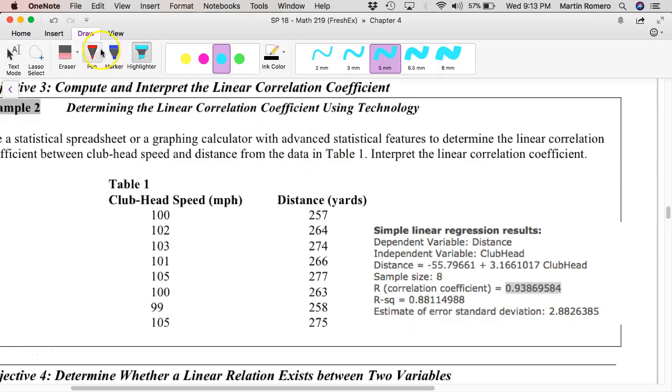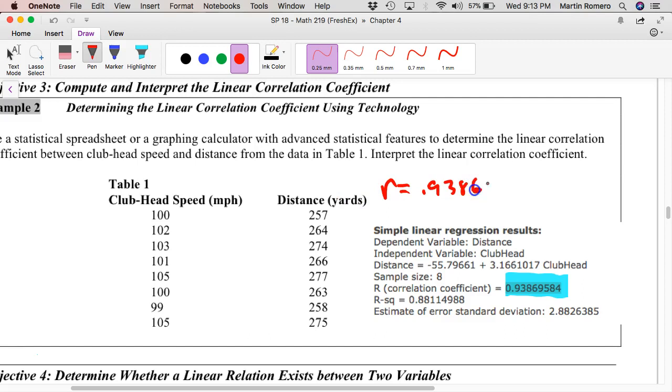Here, R is equal to 0.93869, or approximately 0.94. This is close to 1.